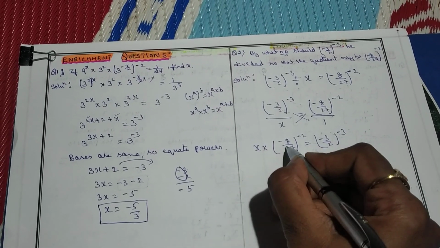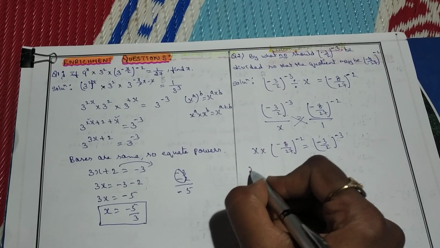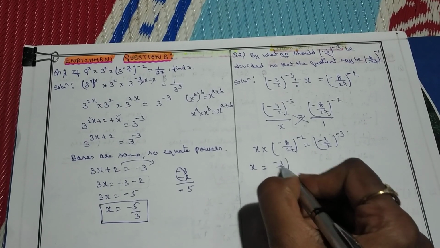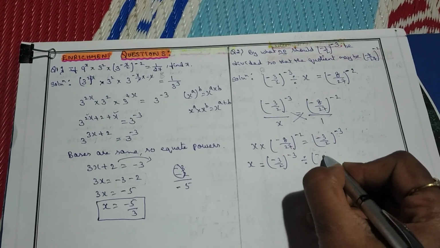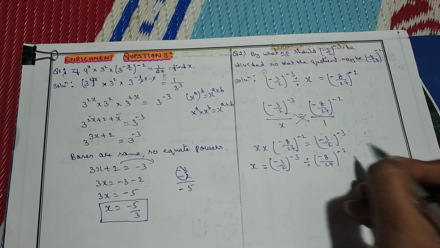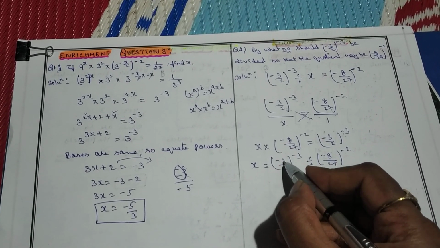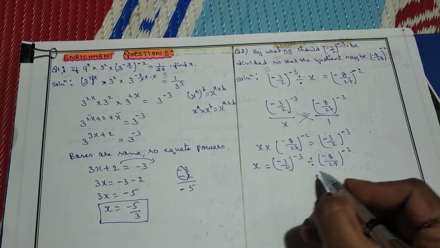Then this x with this exponential, it is under multiplication, changes to division. Then x equals minus 3 by 2 whole to the power of minus 3 divided by minus 8 by 27 whole to the power of minus 2. Now you can see here I have the rational number minus 3 by 2, but here I have 8 by 27.